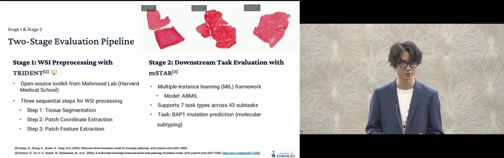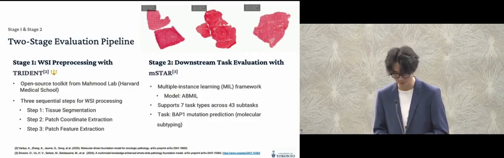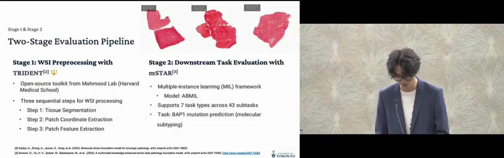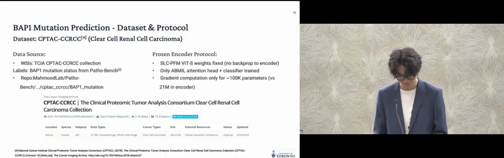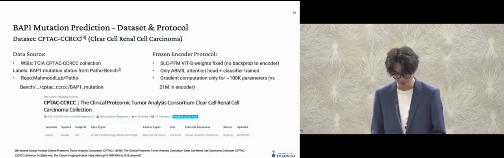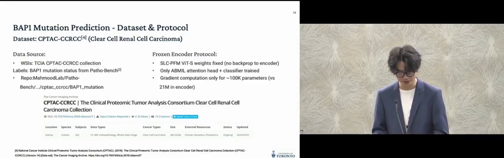After the feature representations are extracted, we feed them into the downstream evaluation pipeline from the MSTAR framework, using the ABMIL model. Our specific focus was a BAP1 mutation prediction task. For our experiment, we used the CPTAC CCRCC dataset and the labels from PathoBench.